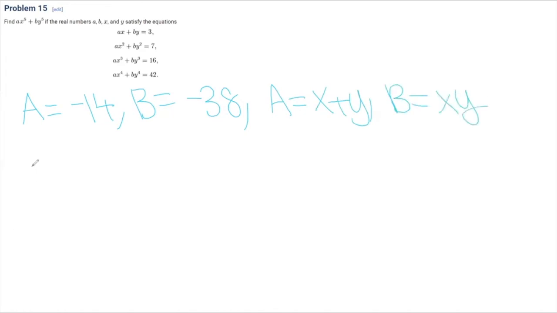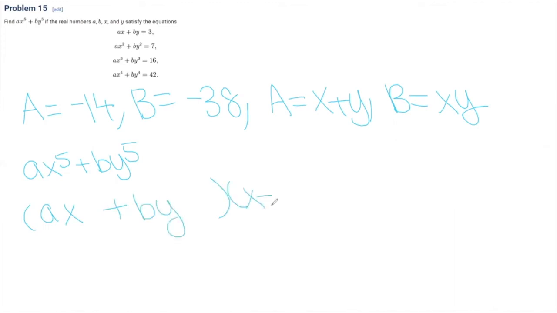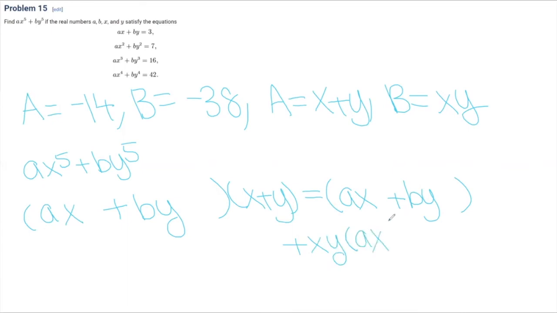So now to find little a times x to the fifth plus little b times y to the fifth, we remember that in our previous equations we always had it in the form a times x to a certain power, which we will fill in a second, plus b times y to the same power, times x plus y, is equal to a times x to this power plus 1, plus b times y to that power plus 1, plus xy times a times x to this minus 1 plus b times y to this minus 1.